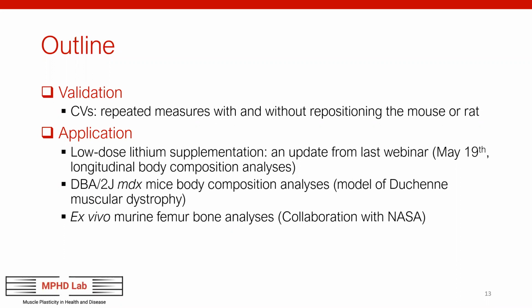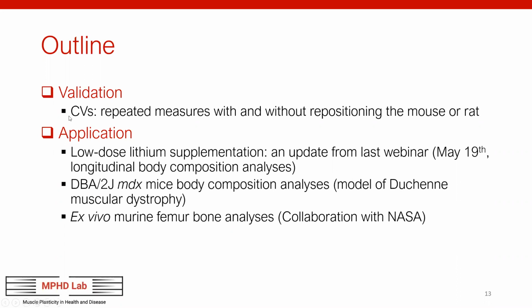So our low dose lithium supplementation. That's actually an update from last webinar. So I'm going to show you some of the longitudinal body composition analysis. And then we have a project with Duchenne muscular dystrophy, and we use the DBA2J MDX mouse, which is a mouse model for Duchenne muscular dystrophy. And we're really interested in measuring the body composition in terms of lean mass, but also bone mineral density and bone mineral content.